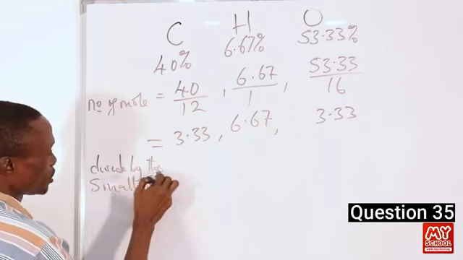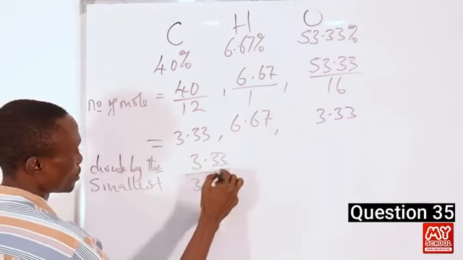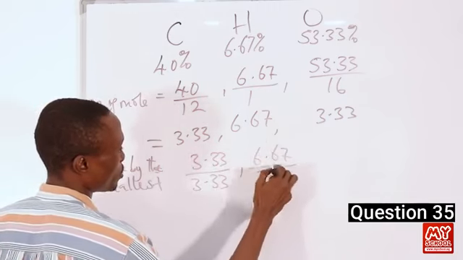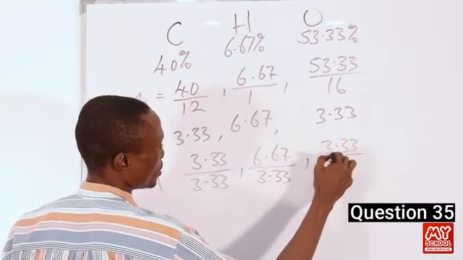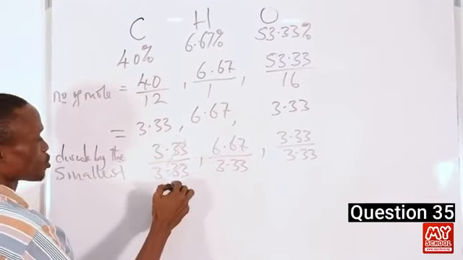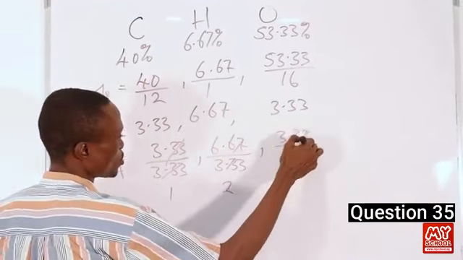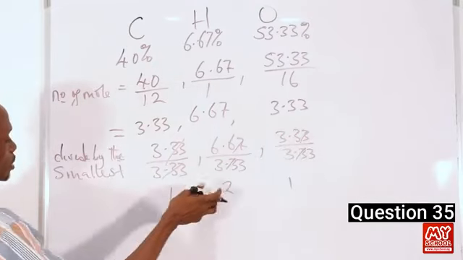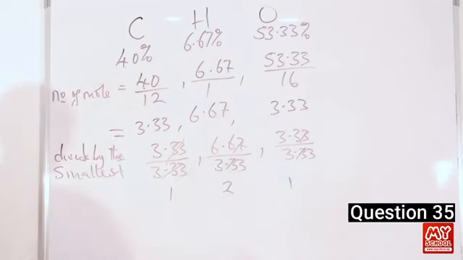We divide 3.3 by 3.3, then we divide 6.67 by 3.3, then we divide 3.3 by 3.33. This will be equivalent to 1, this will be approximately equal to 2, and this will also be 1. Now that we have gotten the number of atoms of each of the elements, we just put everything together.